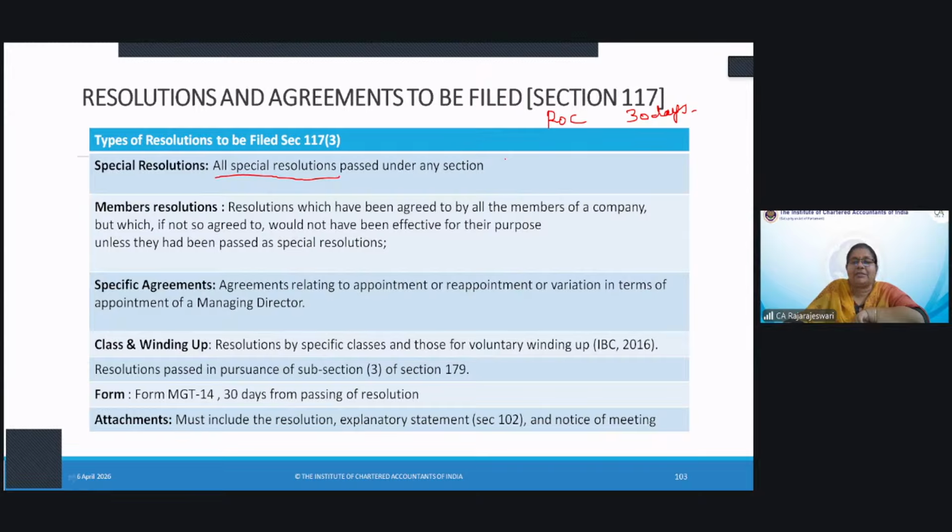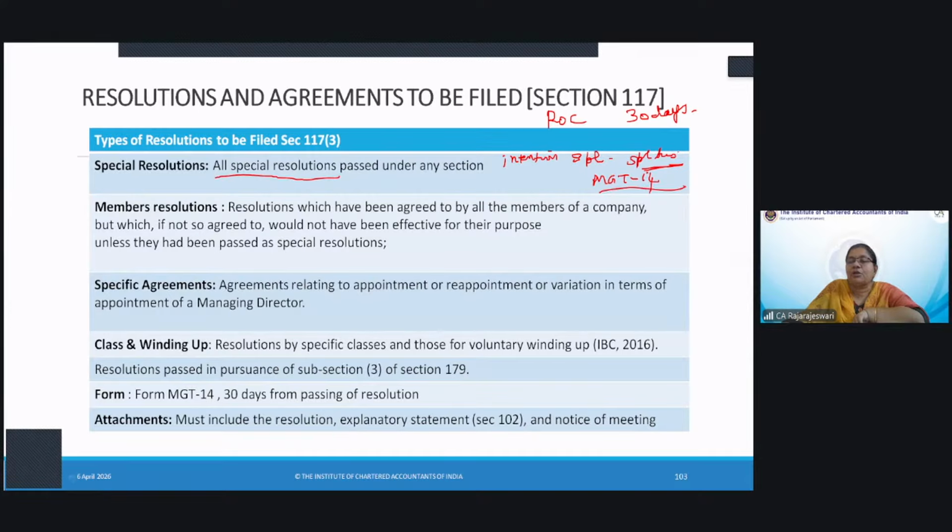So all special resolutions where the intention is to move the resolution as a special resolution, those resolutions other than ordinary business, any special business. For the special business, you have to file the resolution with the registrar in MGT 14.